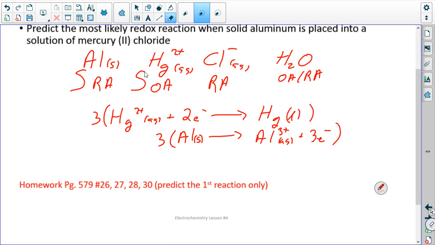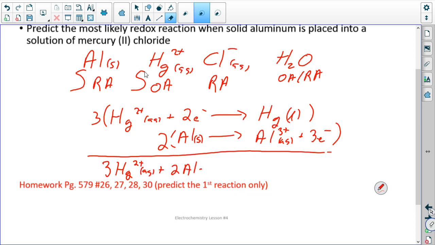So now I've got 6 electrons being gained by having 2 aluminum ions, or 2 aluminum atoms, and I have 6 electrons being lost. I won't bother writing the 6 electrons being gained or the 6 electrons being lost.